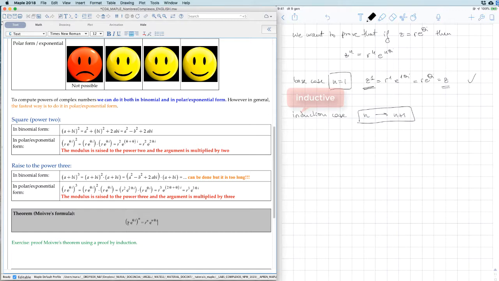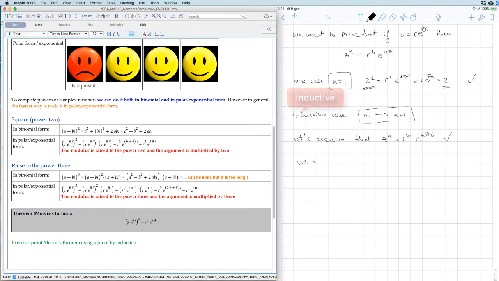So let's assume that z^n is equal to r^n e to the power n theta i. So this, we assume that it's true.